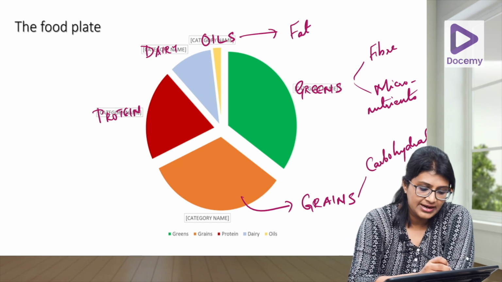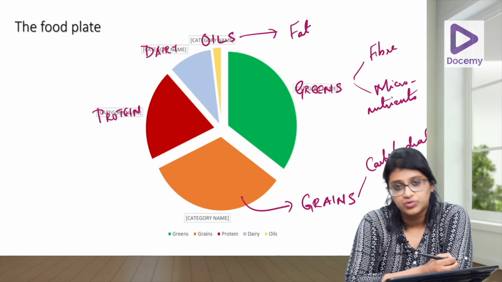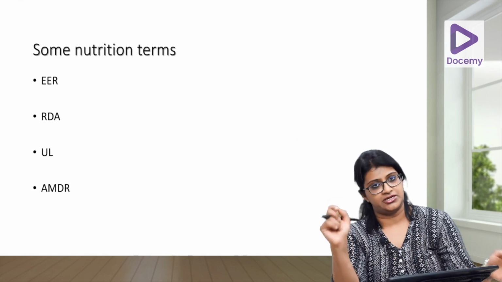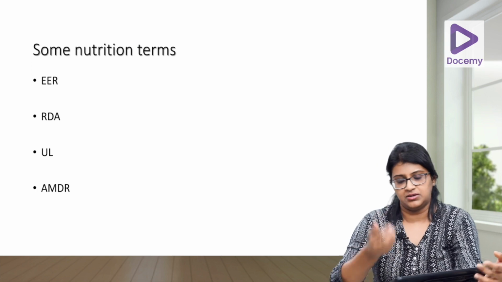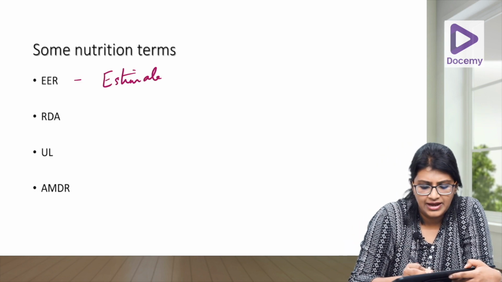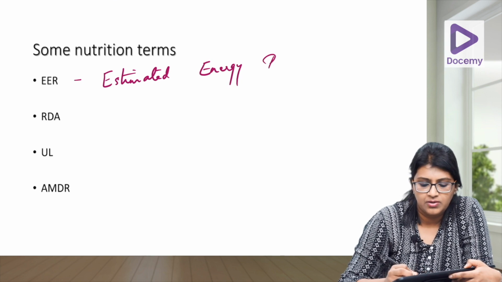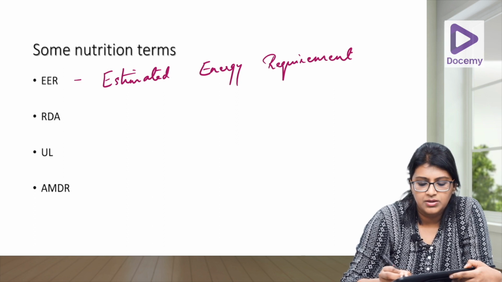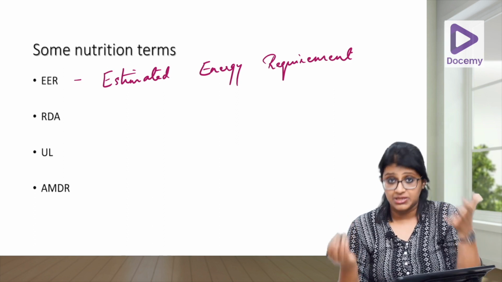Now, how do we decide how much of carbohydrate, how much of protein, how much of fat you need? So for that, we are going to talk about some nutritional terms and then describe this further on that basis. So EER is the estimated energy requirement. Now, I'm going to say this right now. It's fine if you guys don't remember this, okay? But you should know that there is something called an estimated energy requirement.